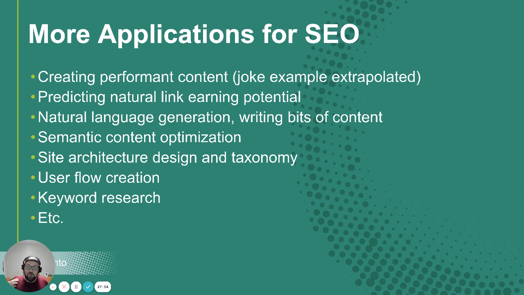There's this whole world of natural language generation. If you've played with or heard of GPT-3, which can be used to write bits of content. Semantic content optimization. You can use it to infer semantic site architecture, design, and taxonomy, how one thing flows from another, user flow research, keyword research, etc. There's tons and tons of applications of NLP for SEO.